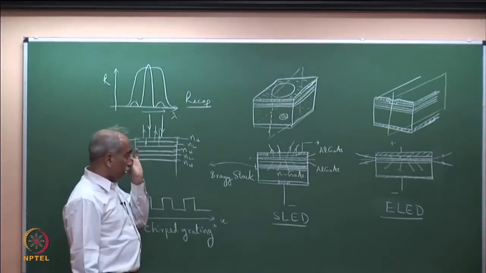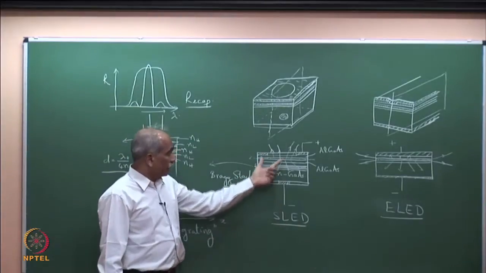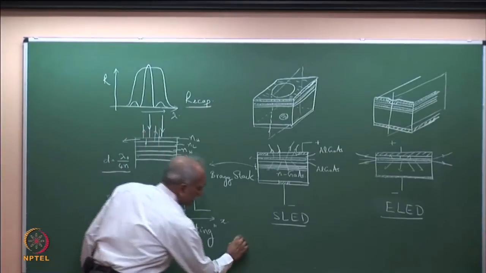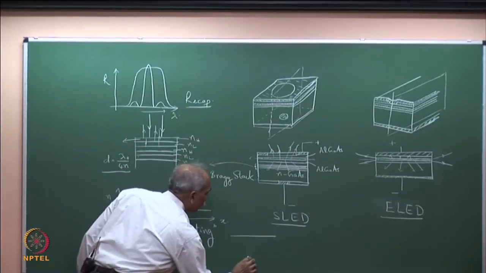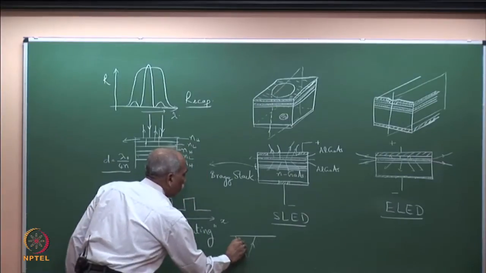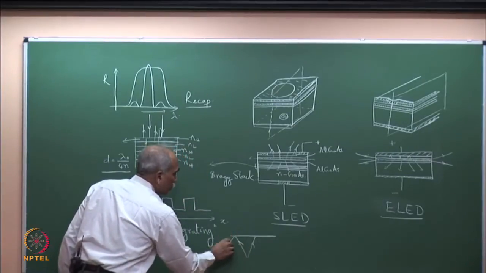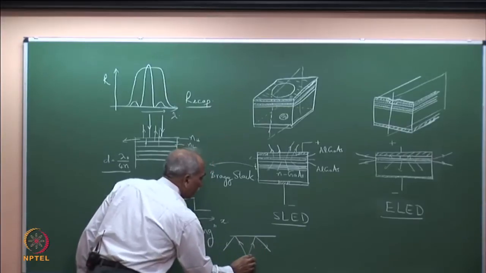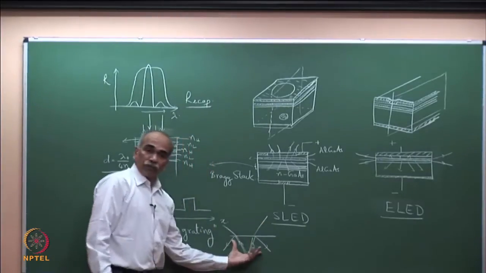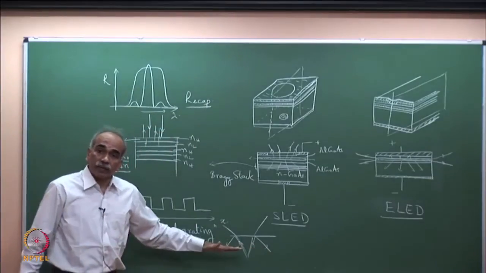One last point which I wanted to mention here was that, as we have discussed, light that is coming out comes only up to a cone, because beyond that it undergoes total internal reflection. Light within this cone will only come out, the rest of it will get totally internally reflected.